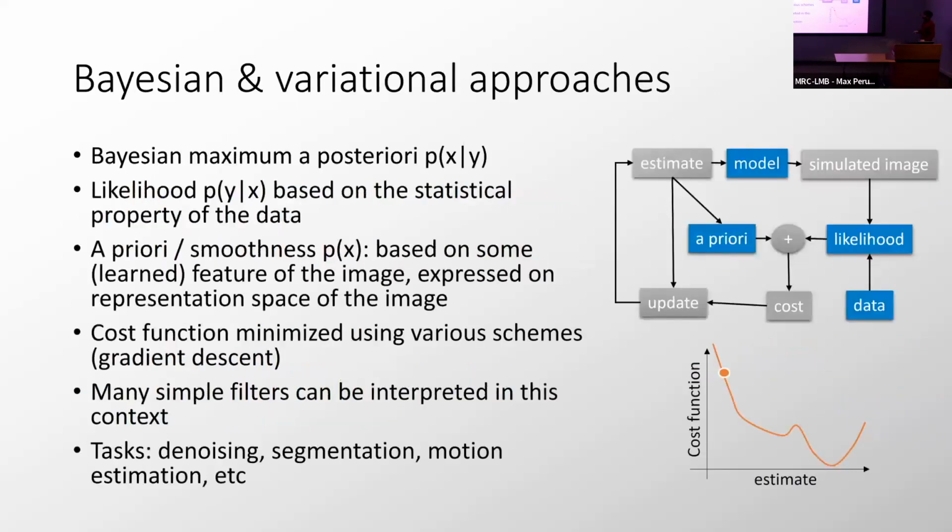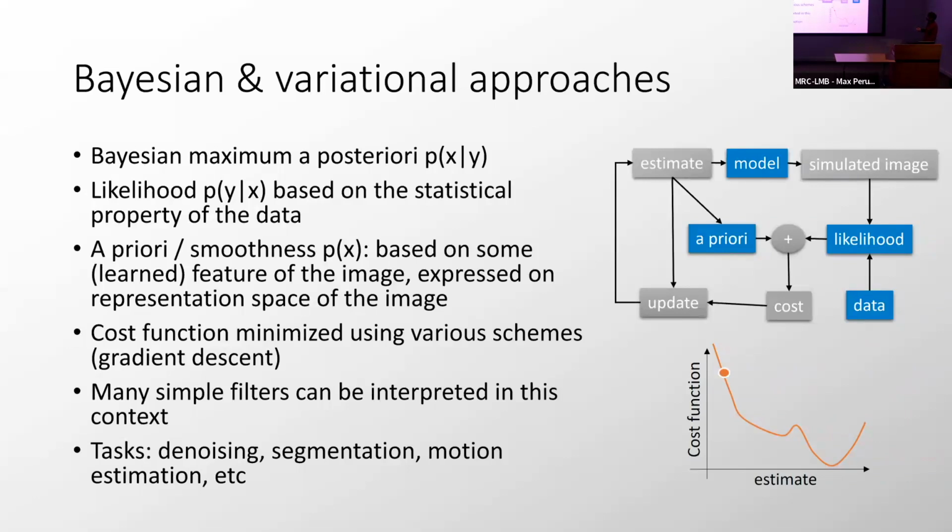So there are different frameworks. Here I will just talk about this kind of approach where you have some data you have collected, called Y here, and you would have an estimate, X. Basically, we'll find the estimate which maximizes the maximum a posteriori.